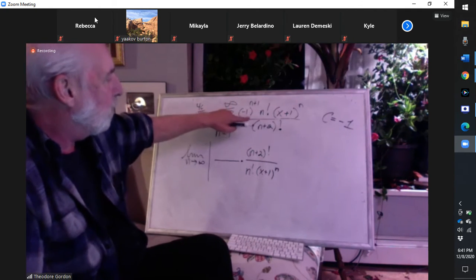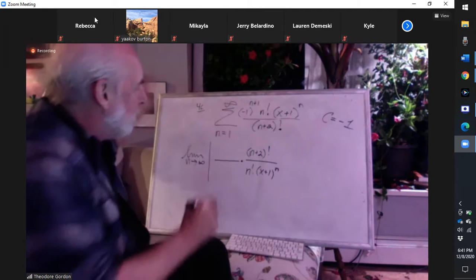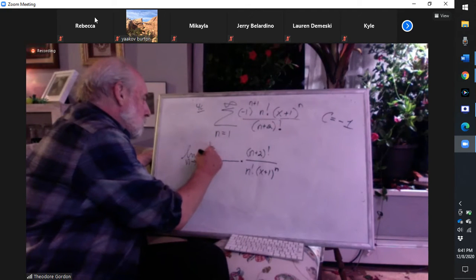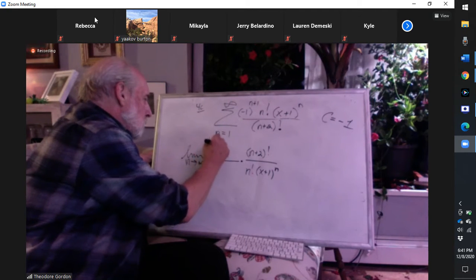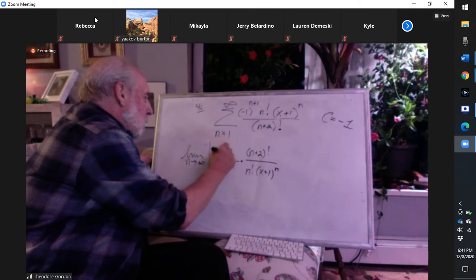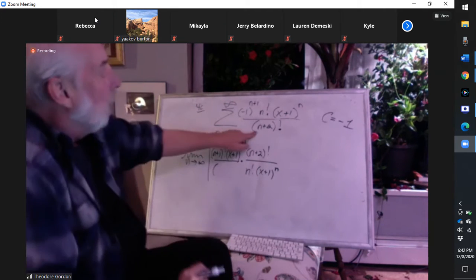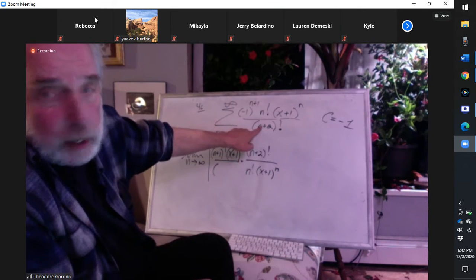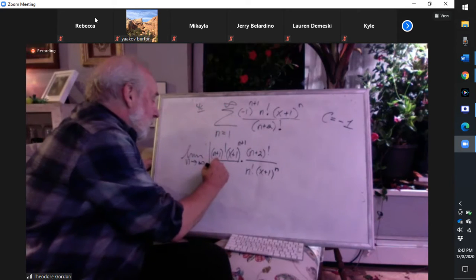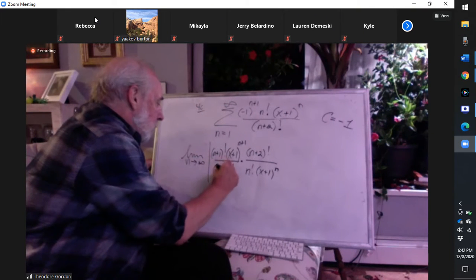So now we carefully replace all these n's by n plus 1. And here, when we do n plus 1, we get n plus 1 plus 2. So that gives us n plus 3 factorial.